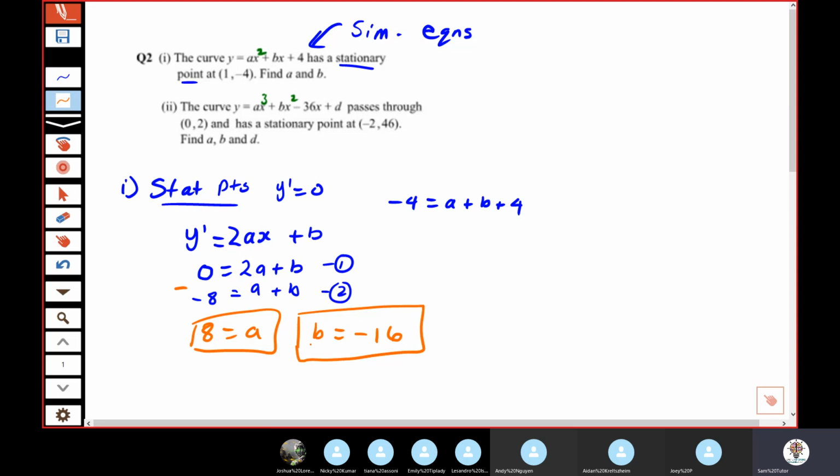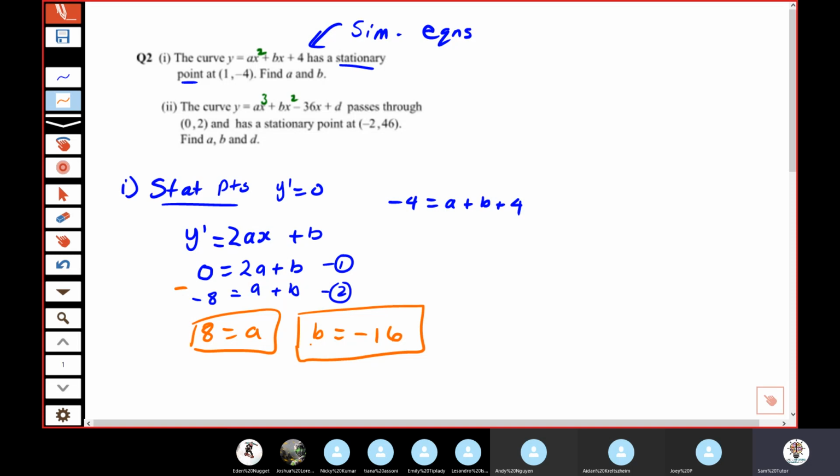No? Do you want to try double I? Yeah, just try it. Okay, well, let's talk about it real quick before you guys do it. Let's read. The curve passes through. What do we do? Sub in. Good. And has stationary point. What do we do? y dash equals 0.